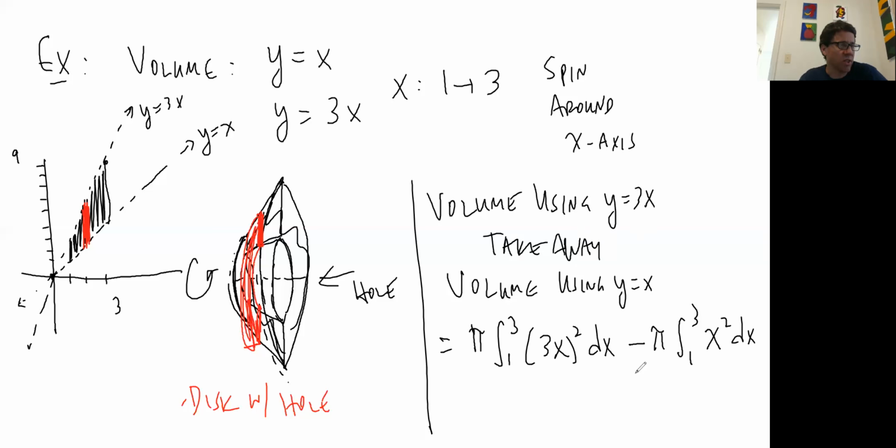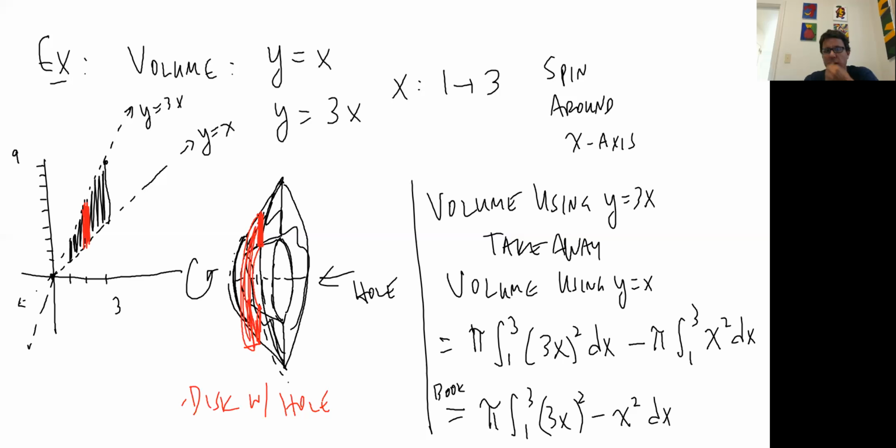In this case, it's just the difference between the two volumes. In the book, it gets tired of writing these things twice, so they recombine it into one integral. They're both the integral from 1 to 3, so I can put in (3x) squared minus x squared, like that.